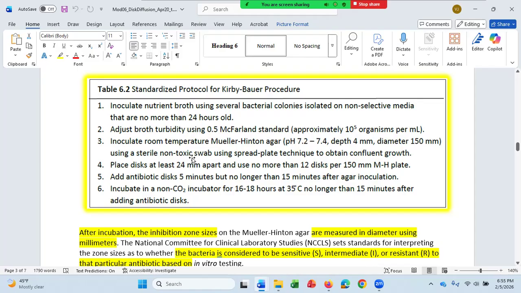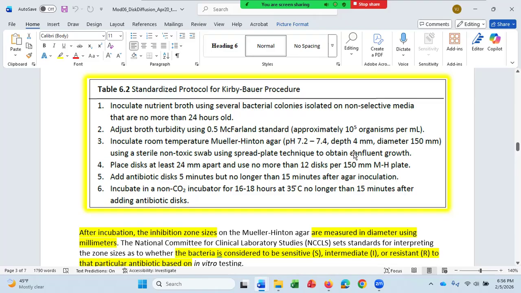You inoculate only Mueller-Hinton agar plates, because different media can affect the size of the zone of inhibition. The plates are always pH 7.2 to 7.4. The depth of the agar is always 4 millimeters.